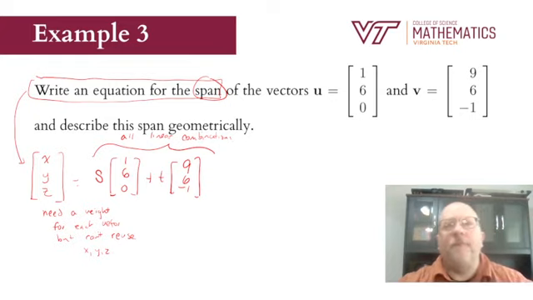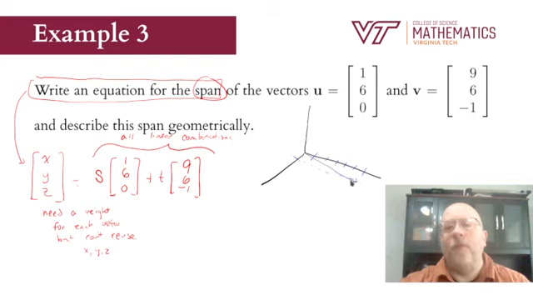So if we want to describe this geometrically, we're in 3 dimensions here. The first vector is 1 unit in the x direction and 6 units in the y direction, 1, 2, 3, 4, 5, 6, and no units in the z direction. So that's our vector u.